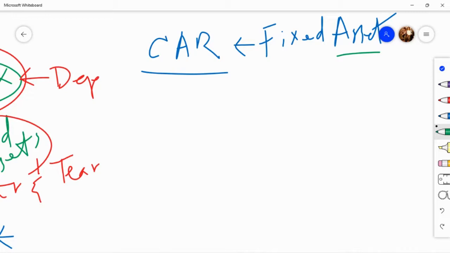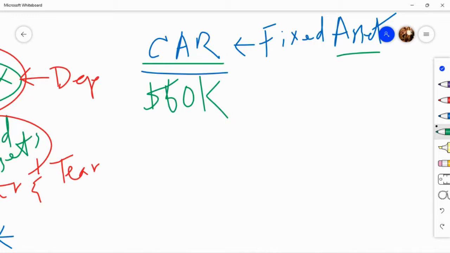And then suppose the value of the car is $50,000, and suppose the company is renting this car for 5 years.